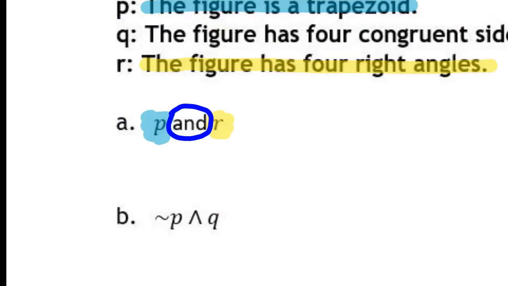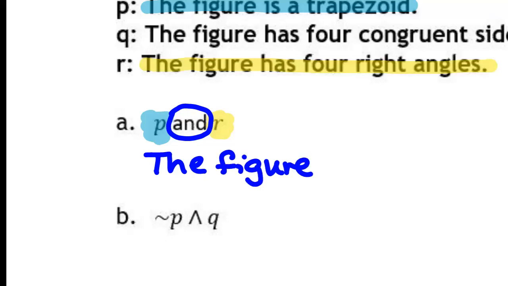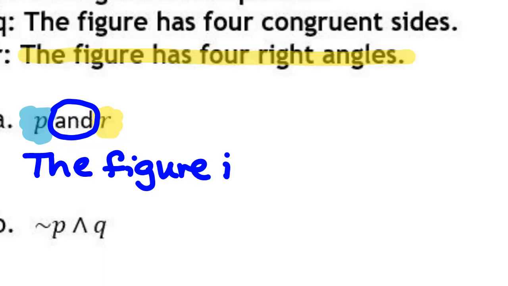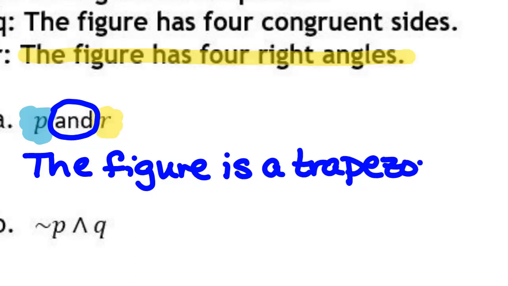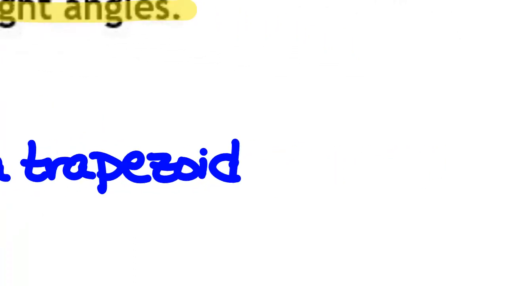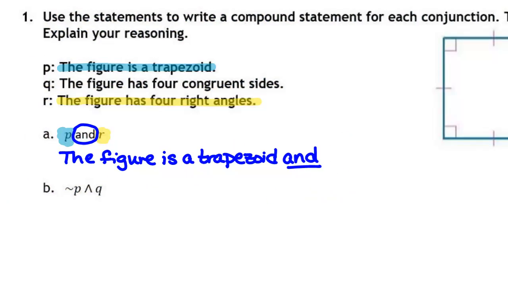So I would say the figure is a trapezoid and the figure, or it, has 4 right angles.